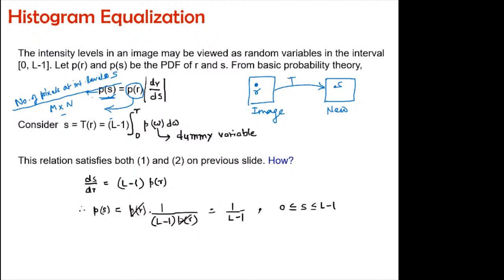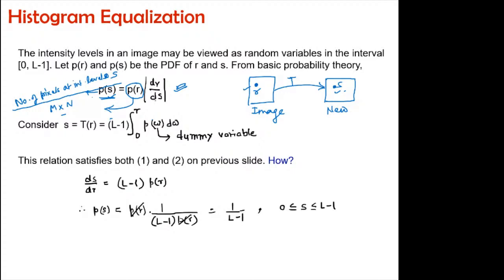This is a mapping, a mathematical law which we have defined. So the probability of occurrence of this is related to the probability of occurrence of that. And this is the relation: PS is equal to PR into the magnitude of dr by ds.